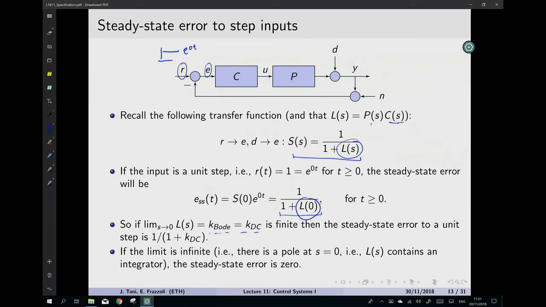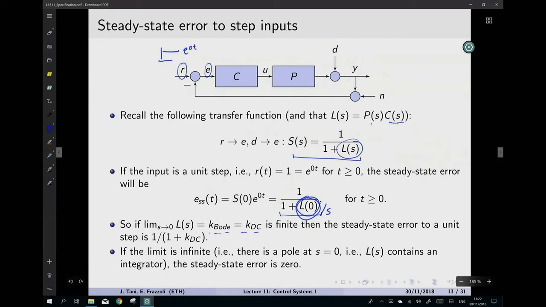Now, suppose that we wanted the steady state error to be equal to 0. If this is the equation, there's no other way but having a pole in 0 of the open loop transfer function.